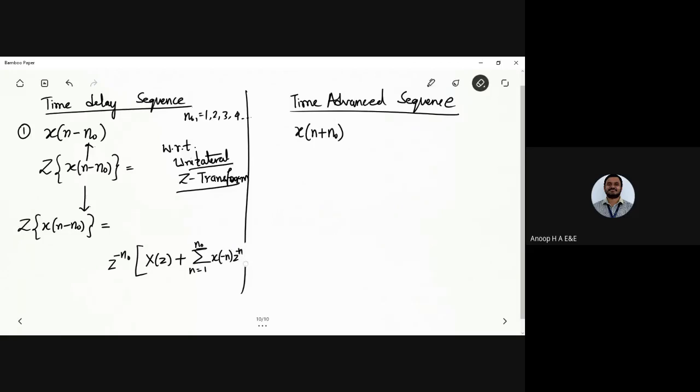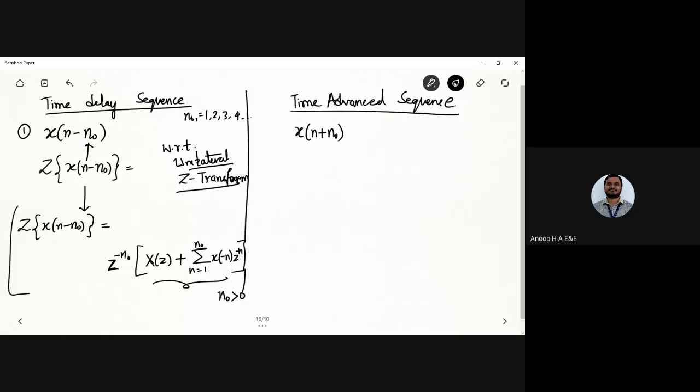So this entire thing is X of Z plus sigma n equals 1 to n naught x of minus n Z power minus n, for n naught greater than 0.